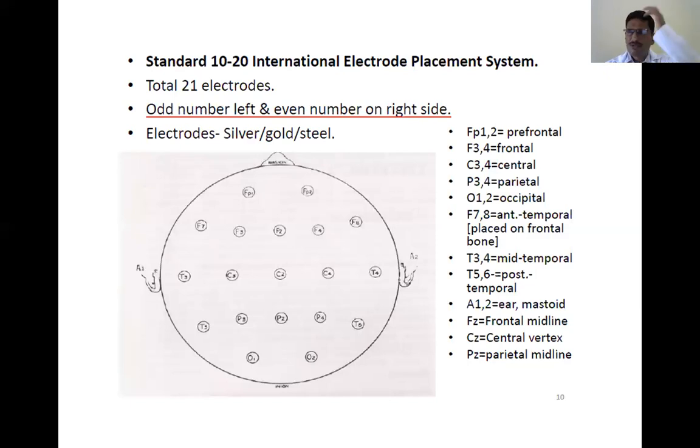The distance between these 2 points is measured as 100%, of which from the nasion, after 10% of the distance, you place FP1, especially in the prefrontal area.